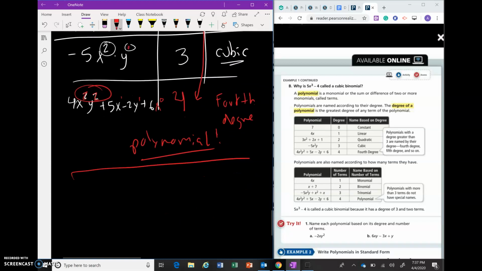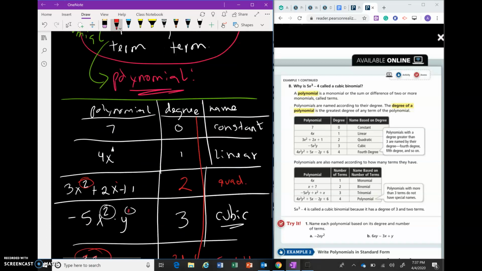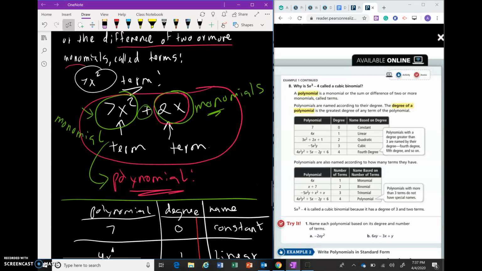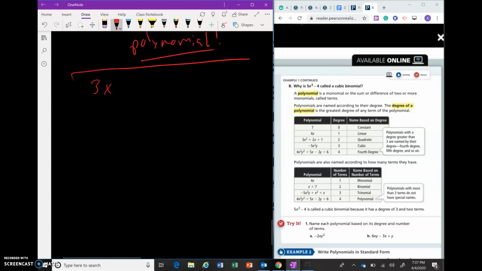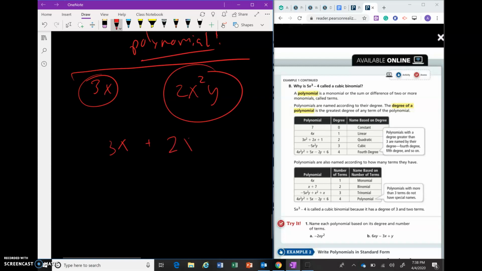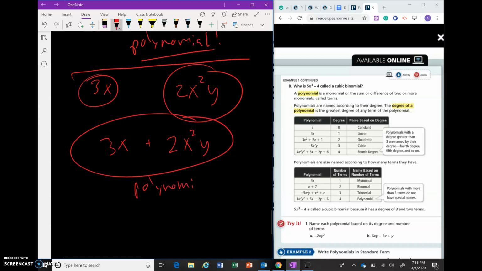All right, guys. In summary, please just know that things like 3x are monomials, and 2x squared times y is a monomial. But when you add them together, like 3x plus 2x squared times y, we get a polynomial.